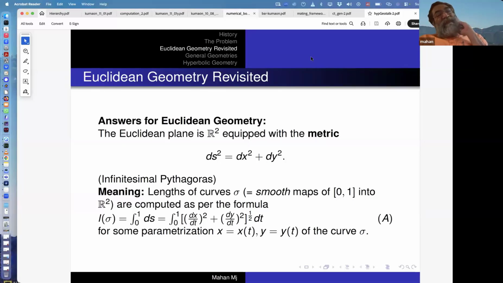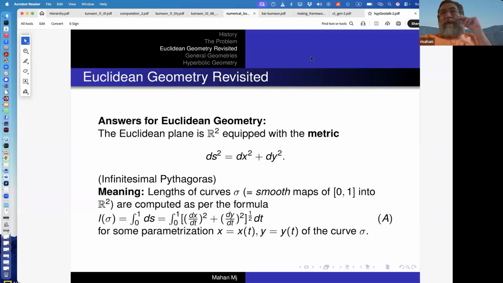And then you have an integral with respect to this single parameter t, and you integrate from 0 to 1. So what the Euclidean plane equipped with the metric means is that it assigns for you, by this formalism, a length to every smooth curve.